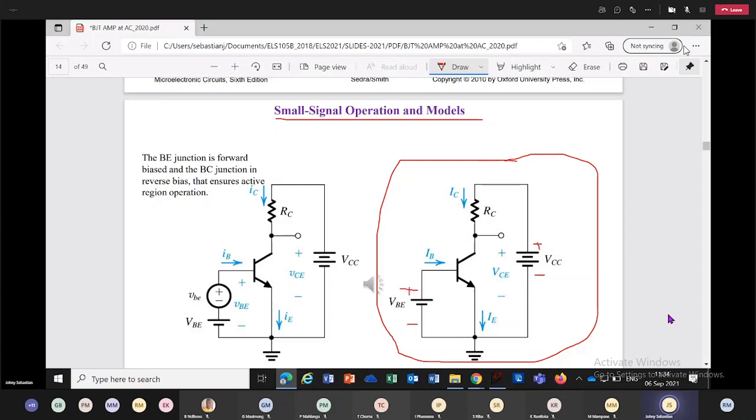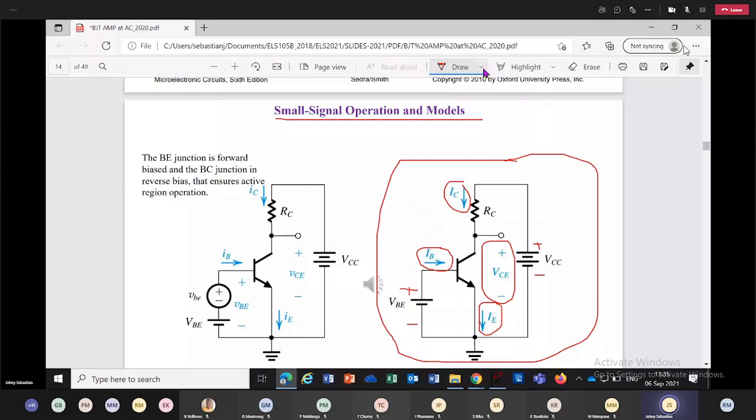In this case, we only have one DC connection and another DC connection. Now you can see there is a DC base current, a DC collector current, and a DC emitter current. All the currents are DC. What about the voltage? VCE is also DC.